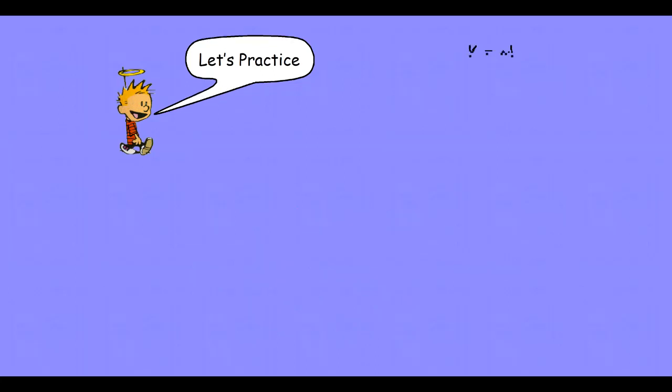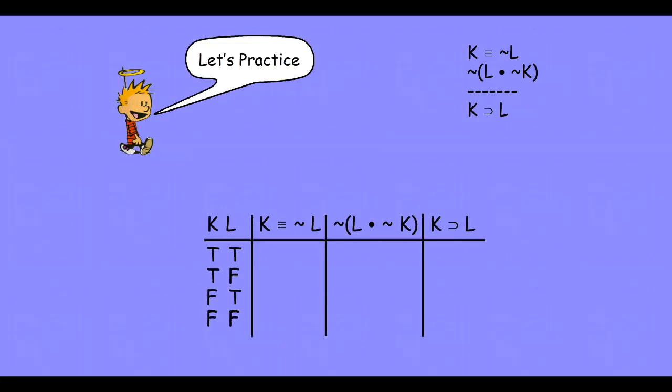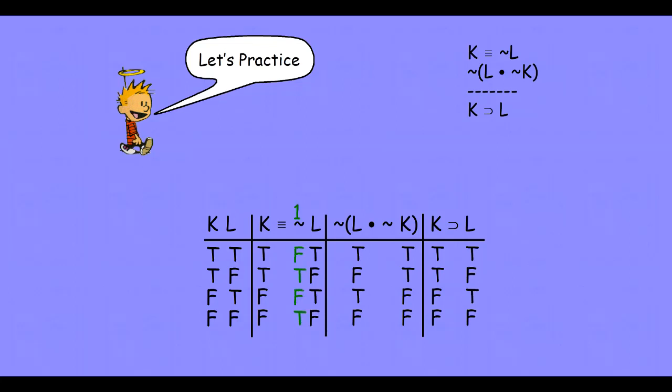Here's another one. Again, see if you can do it. Then watch the video. See if you get the same answer that I got. We put out our premises and conclusion on our truth table. Fill out our guide columns. Transfer the truth values from our guide columns onto the body of the truth table. Now we'll start off doing our tilde first on that first premise.